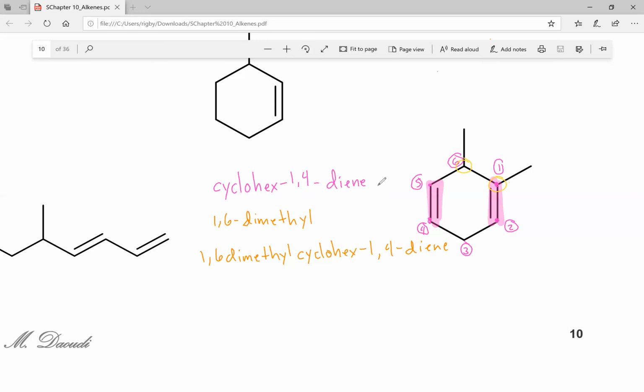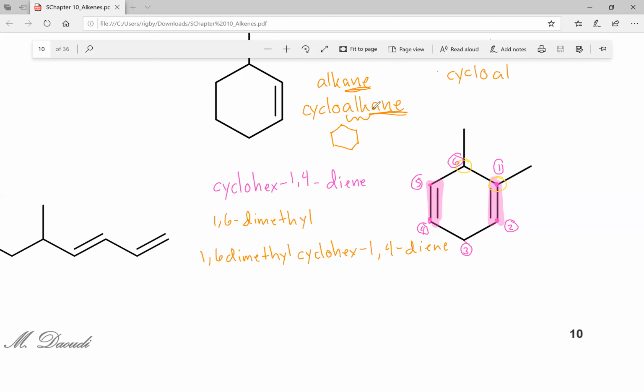Is it supposed to be cyclohexa or cyclohex? So remember when we were talking a little bit earlier, when we say alkane, a cycloalkane would be named like this. That would mean that our cycloalkane is made up of only single bonds. When I say cycloalkene, this alk can be any number here.